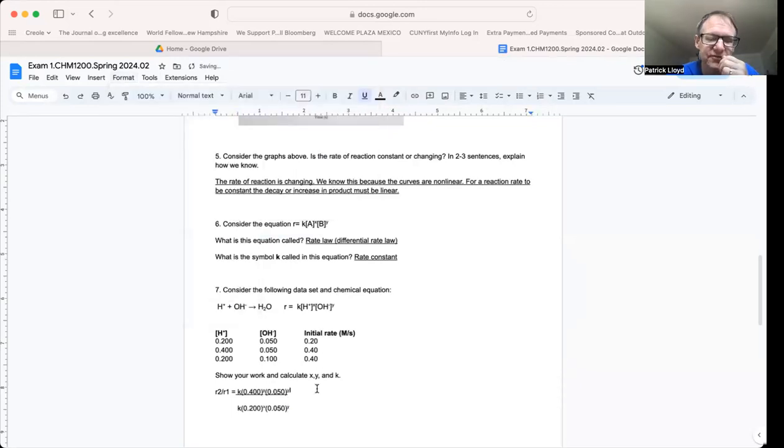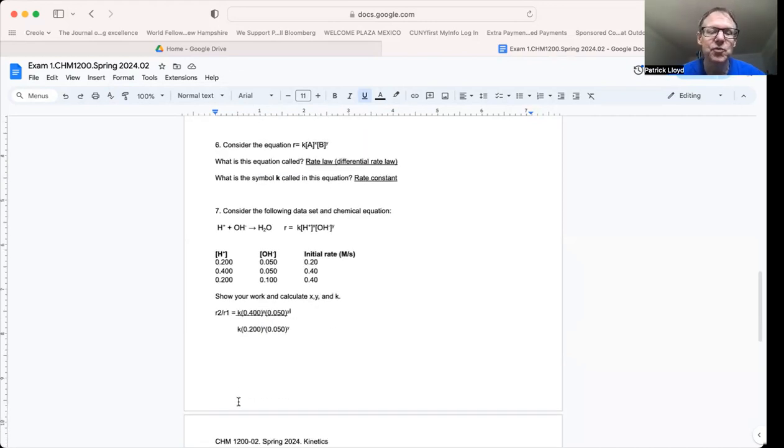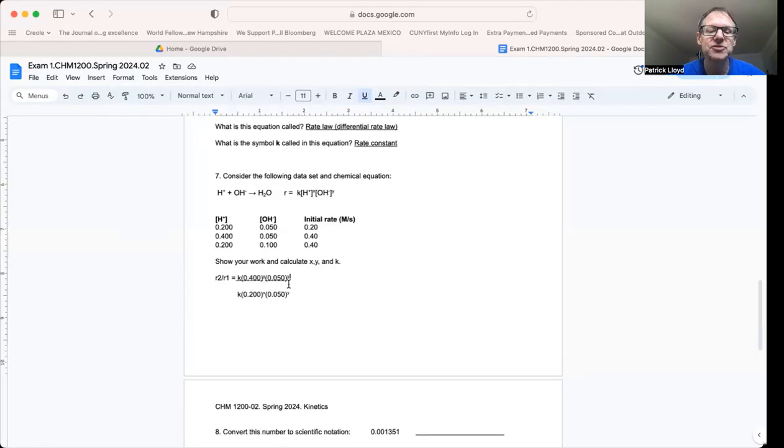Okay, so there's our values right there. Now notice that some of this is going to cancel out. The K's are going to cancel out. K divided by K is 1. And the 0.050 to the Y divided by 0.050 to the Y is going to cancel.